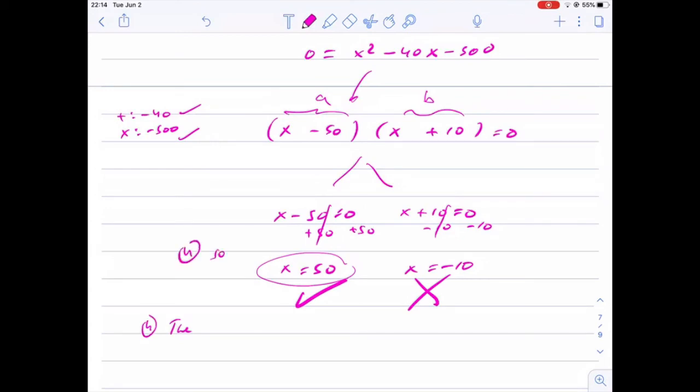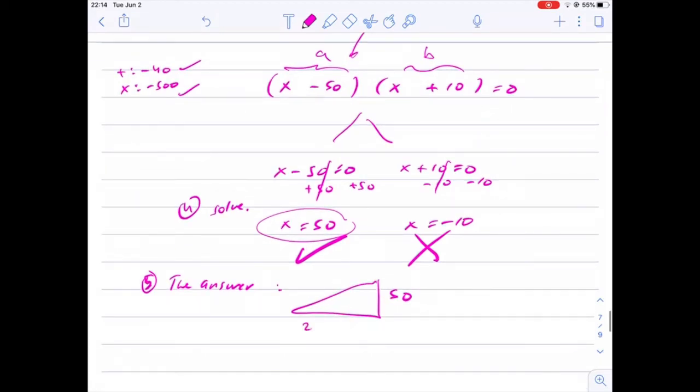Now they solve the equation and then we write the answer. The shorter one is 50 and the longer one is 2 times x plus 20, 2 times 50 plus 20, which is 120, and the hypotenuse is 2 times 50 plus 30, which is 130.